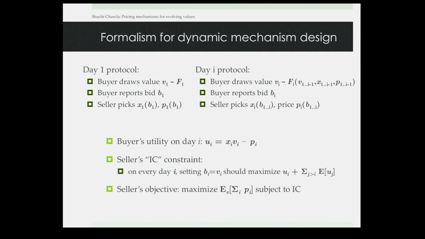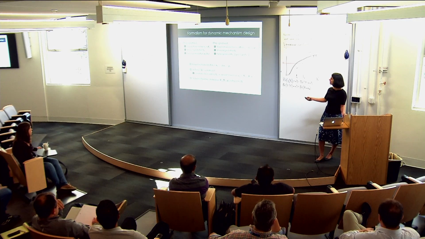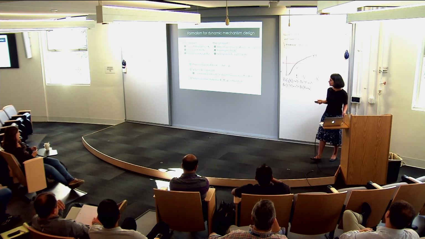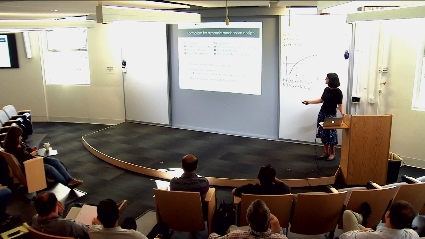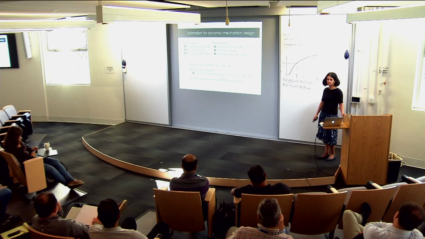Yeah. Is there a price, or does the buyer pay irrespective of getting the item? It depends on how you define the price, but let's say that the buyer here pays irrespective of, yeah. Okay. Yeah. And then the seller again wants to maximize the payment that he gets from the system.